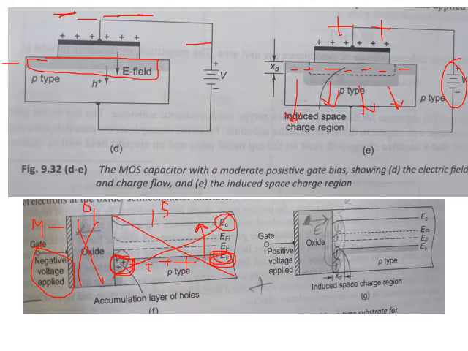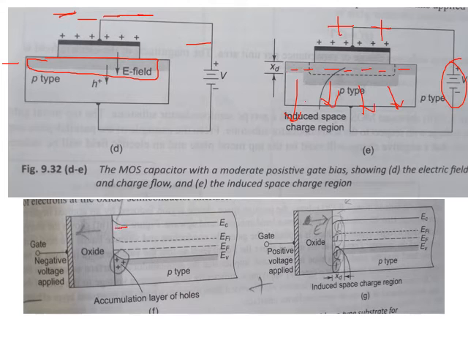That increase in hole concentration is represented by this energy band diagram. Are you seeing some bend in the energy band diagram? Where is the bend? Here is the bend. Is the bend upwards or downwards?